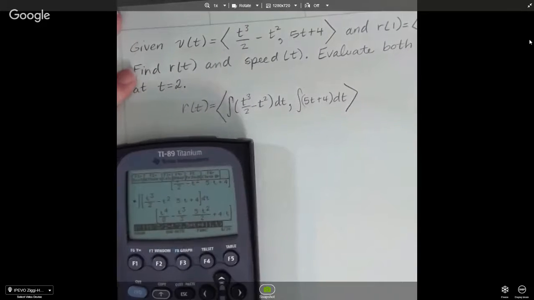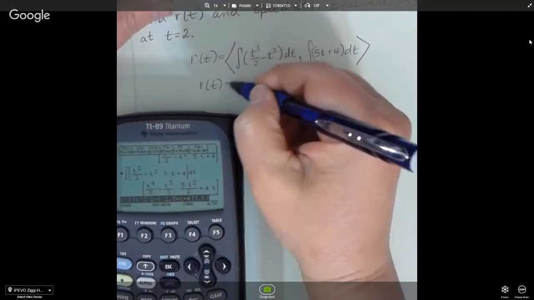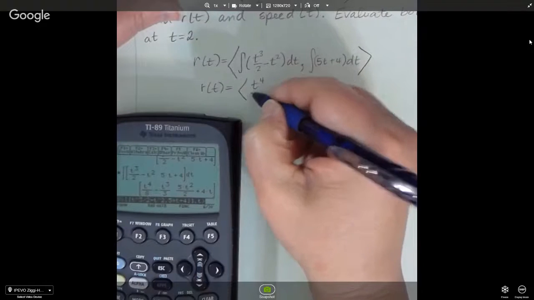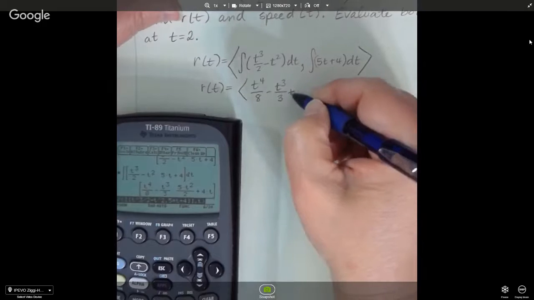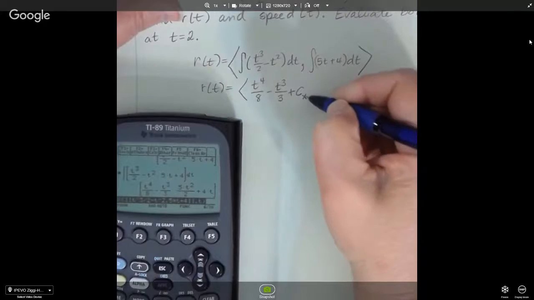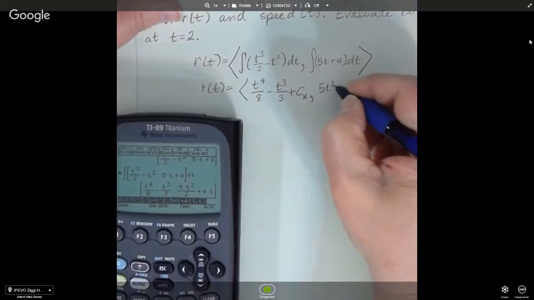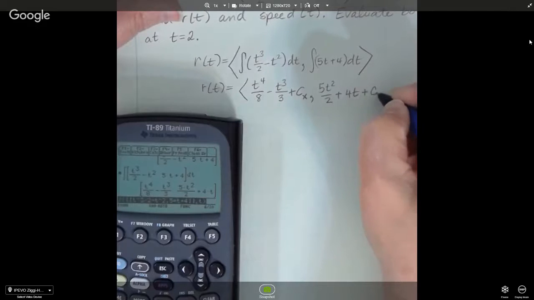So we get r of t is equal to t to the fourth over 8 minus t cubed over 3 plus c sub x, which is the constant in the x component, comma, 5t to the second over 2 plus 4t plus a constant in the y direction.